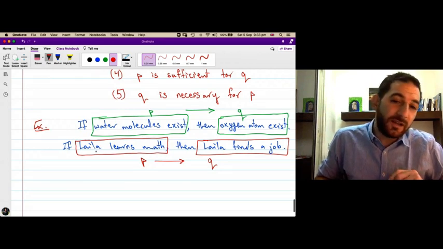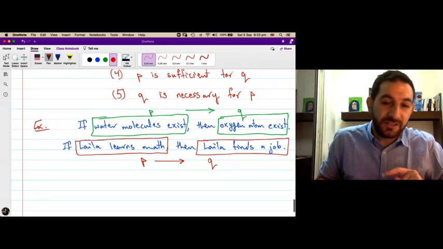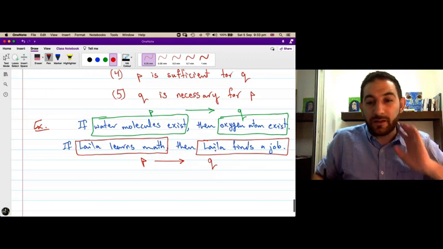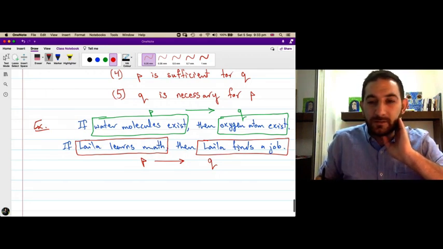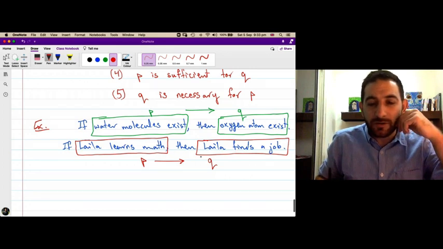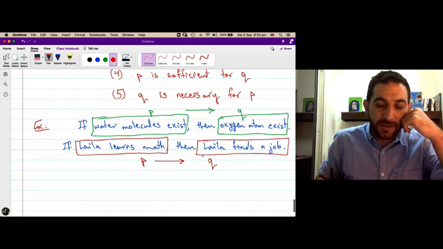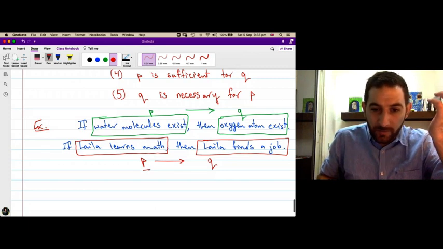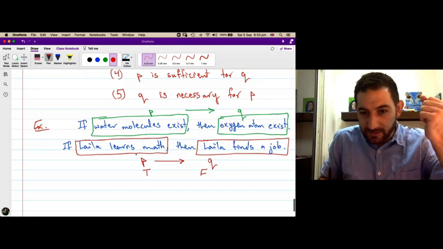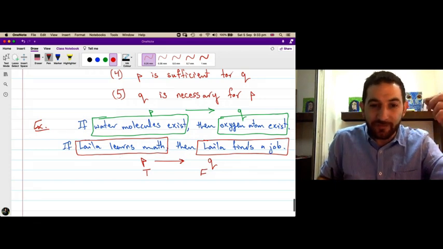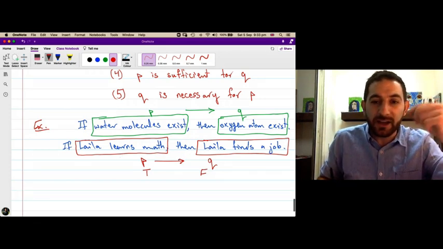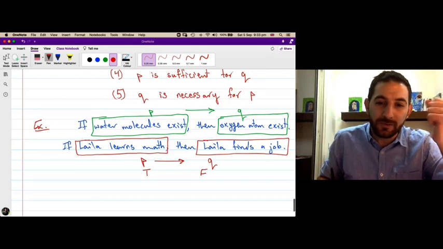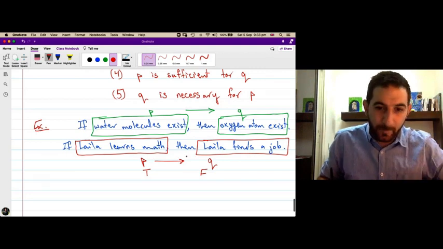Now suppose Layla learns math. Then if she found a job, this will be true. If she didn't, then this is the only situation where a conditional statement is false. Again, a conditional statement is false when the hypothesis is true while the conclusion is false. So this conditional statement is false if Layla learns math and she did not find a job.